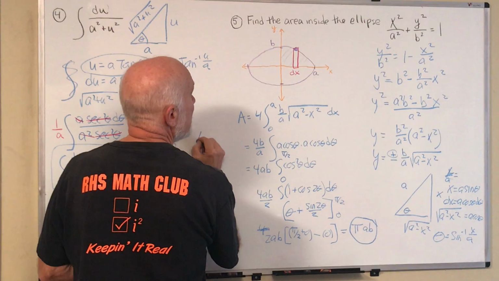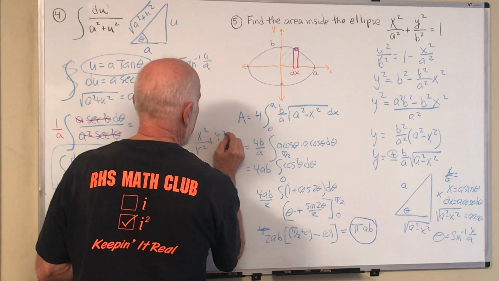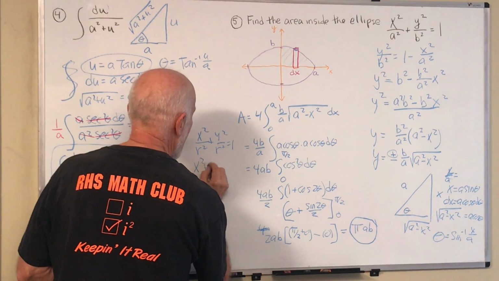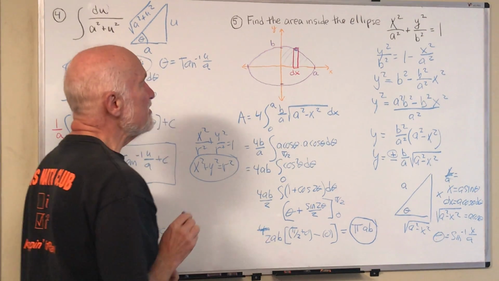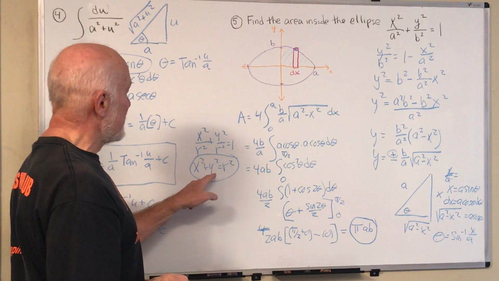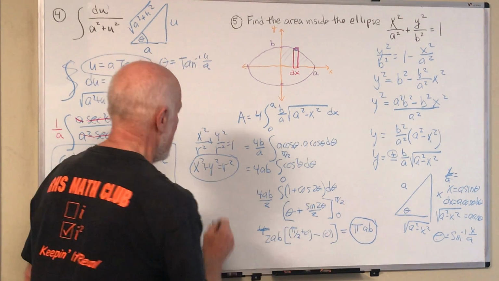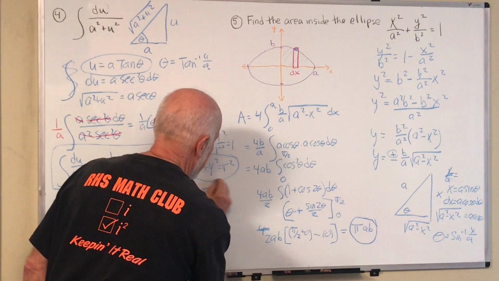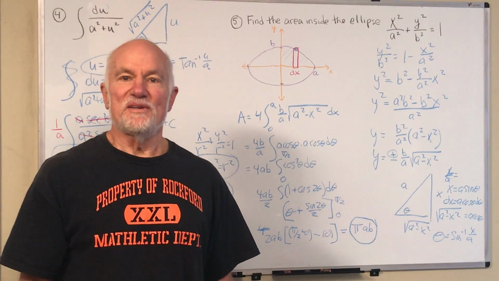You'd have x squared over r squared plus y squared over r squared equals 1, or x squared plus y squared equals r squared. Then we'd be looking at a circle with a radius r. And what would the area be? Pi times r times r. So you could even show what the area of a circle is that way.